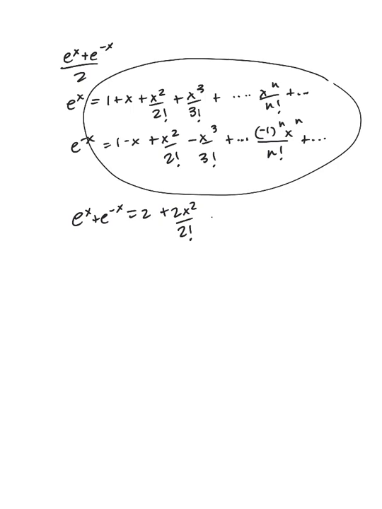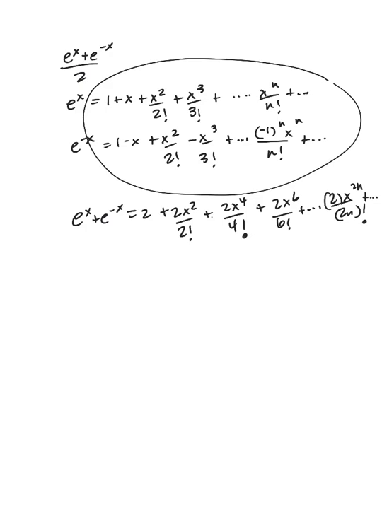Then your x to the 4th over 4 factorial would become plus 2x to the 4th over 4 factorial, plus 2x to the 6th over 6 factorial. So then it would be 2 times x to the 2n over 2n factorial. There are no negative terms.